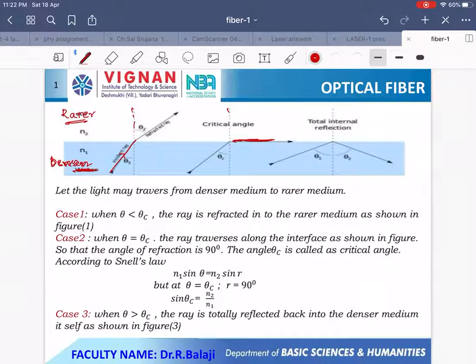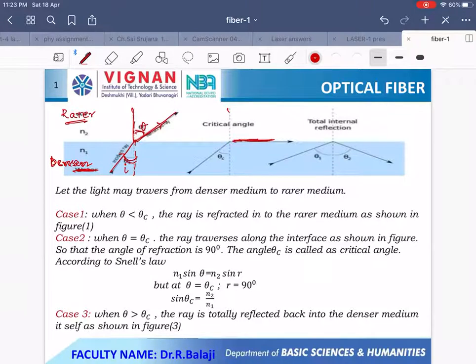This is the normal. When a ray travels from denser media to rarer media, it bends away from the normal. The angle between the incident ray and the normal is called the incident angle. The angle between the normal and the refracted ray is called the refracted angle. This is the incident angle and this is the refracted angle.